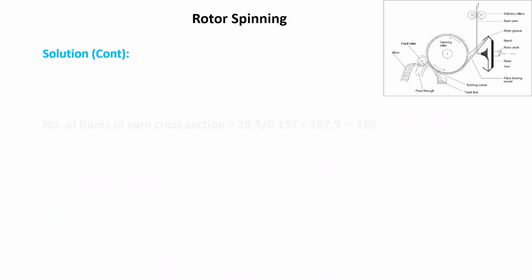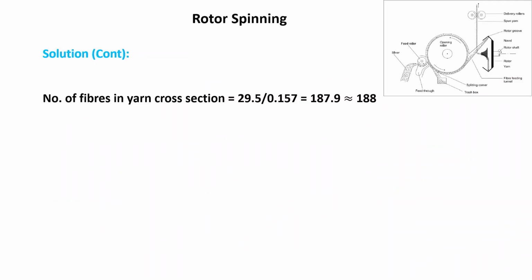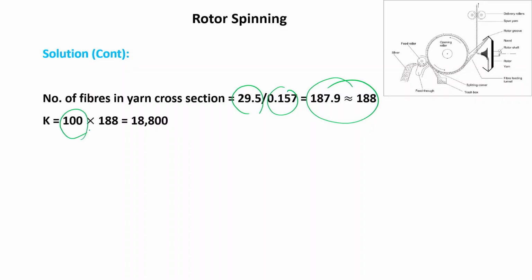So, we can now calculate the number of fibers in the yarn cross section: yarn tex divided by fiber tex. It is typically around 188. There are 188 fibers in the yarn cross section, and we know the yarn delivery speed, which was given as 100 meter per minute.